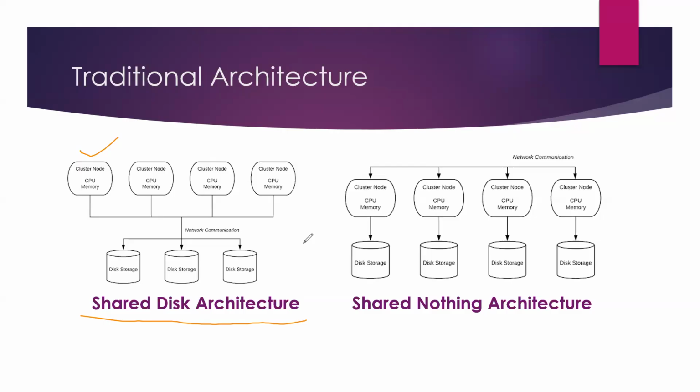CPU means central processing unit, memory is RAM, random access memory. These are the compute power to do actions like loading the data or processing the data. So each one is a node and a group of nodes we call a cluster.